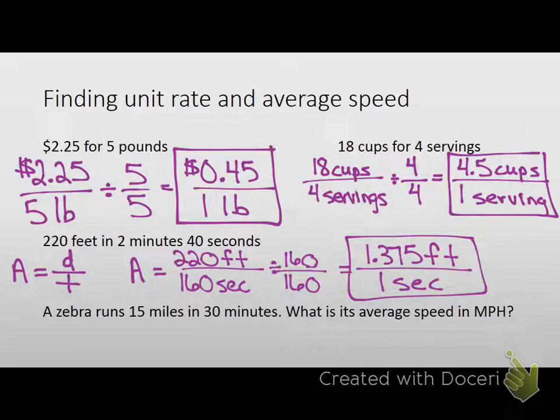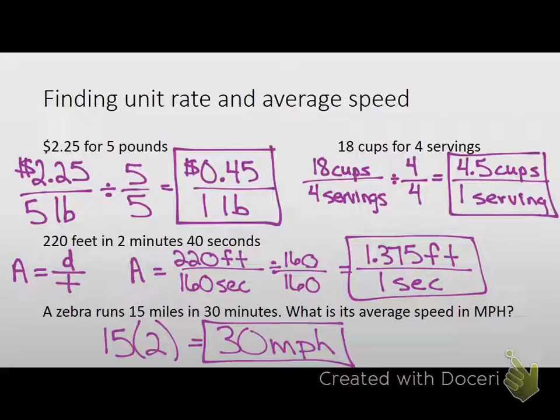So assuming the zebra runs the same speed in both blocks of 30 minutes, if he goes 15 miles in the first 30 minutes and 15 miles in the second 30 minutes, how many miles did he run in the hour? 30. That's your answer. Essentially, you're multiplying it by 2 because there's 2 30-minute blocks.